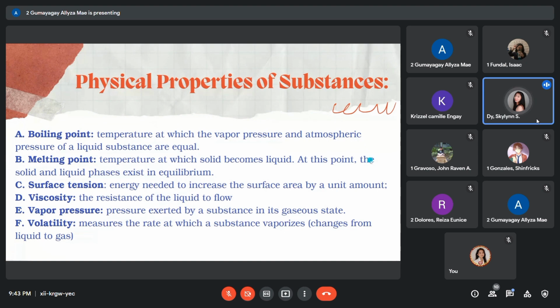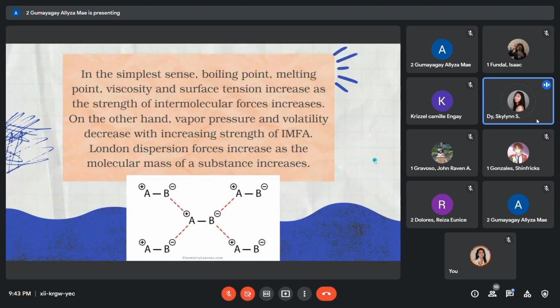In the simplest sense, boiling point, melting point, viscosity and surface tension increase as the strength of molecular forces increases. On the other hand, vapor pressure and volatility decrease with the increasing strength of IMFA. London dispersion forces increase as the molecular mass of a substance increases.